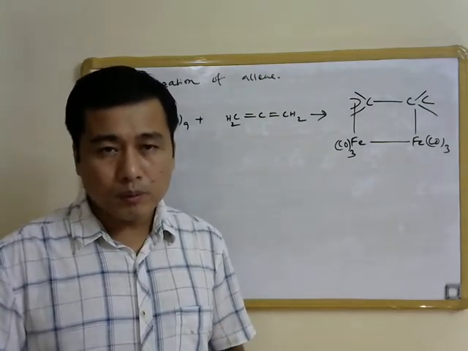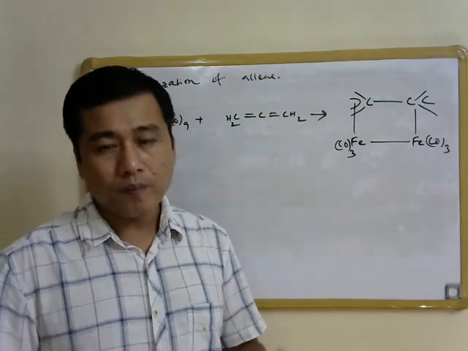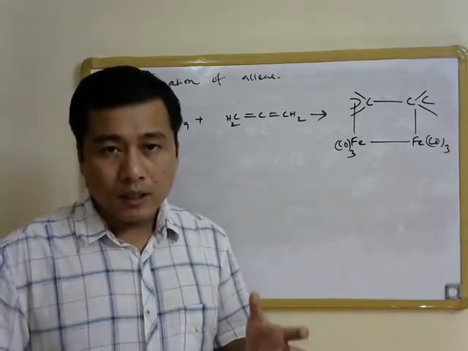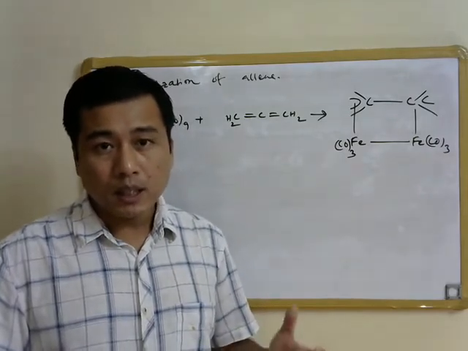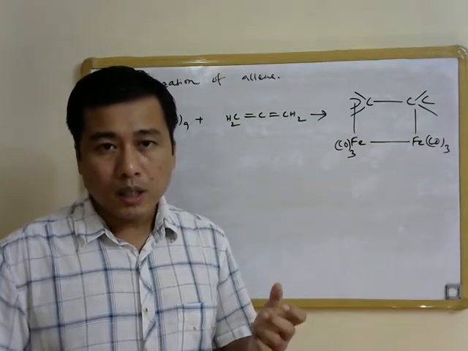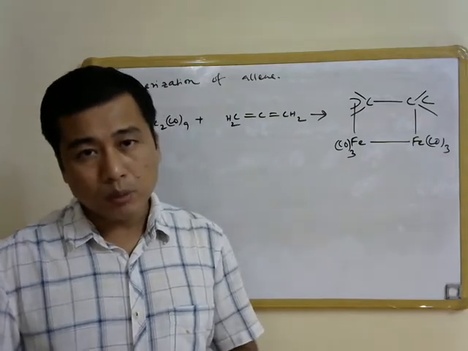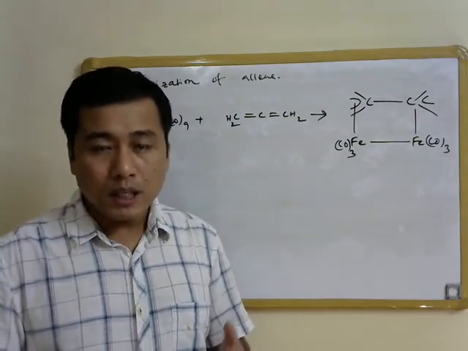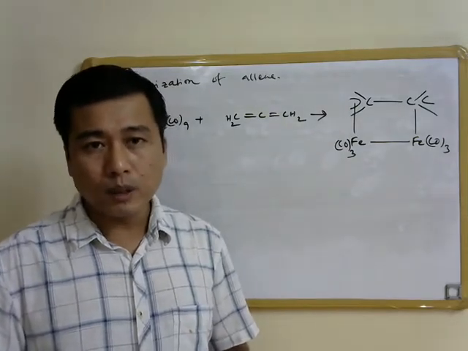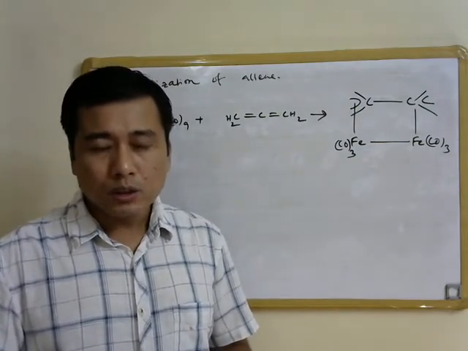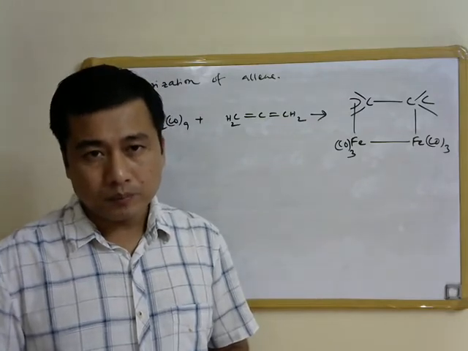In one of the methods, we have seen how one can prepare metal allyl complexes by starting from carbonyl anions, carbonyl metalates, and doing a reaction with allyl halides, and this essentially produces a sigma allyl complex, which then gets transformed into a pi allyl complex by release of one carbonyl ligand.